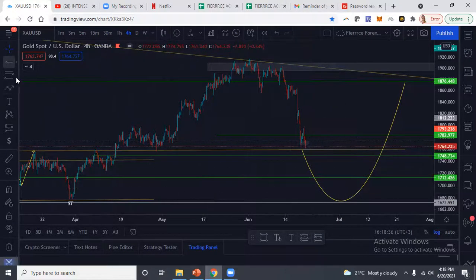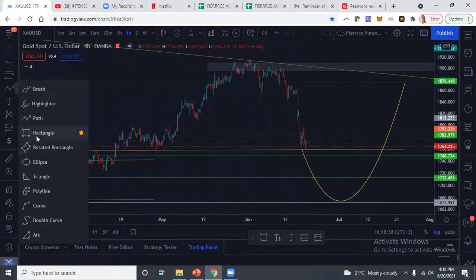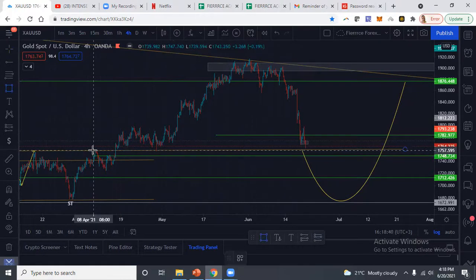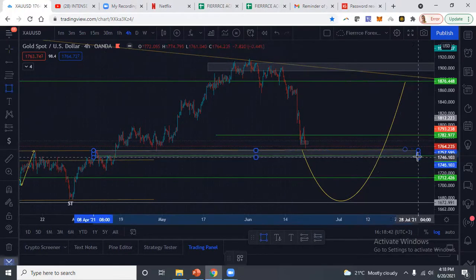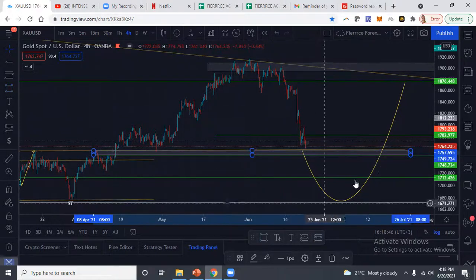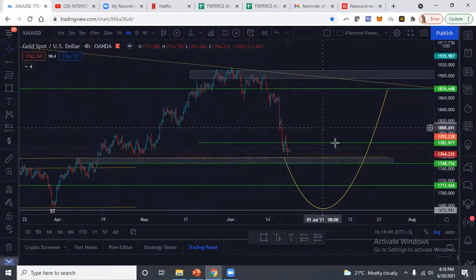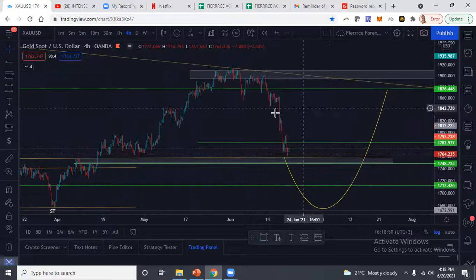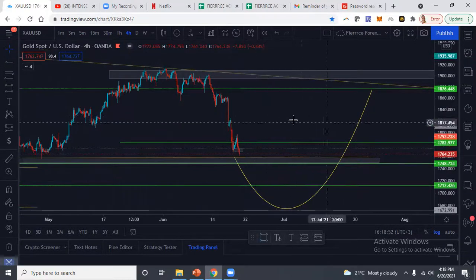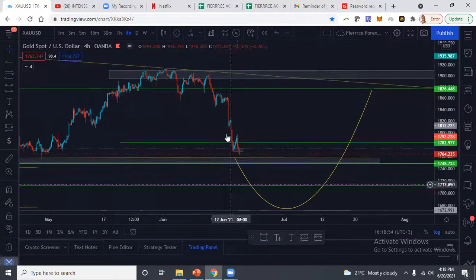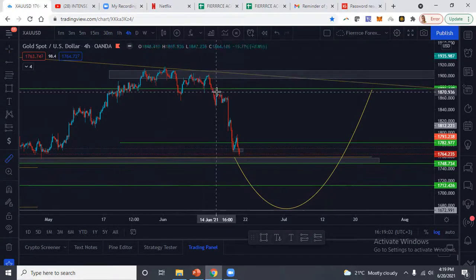And when I say structure, I mean if it drops below this zone here, we're definitely bearish. If it doesn't and rejects, then we might see some correction and a filling up of the imbalance caused by this massive drop, because gold dropped almost 500 pips, if I'm not wrong, on the 14th, and it didn't stop dropping.